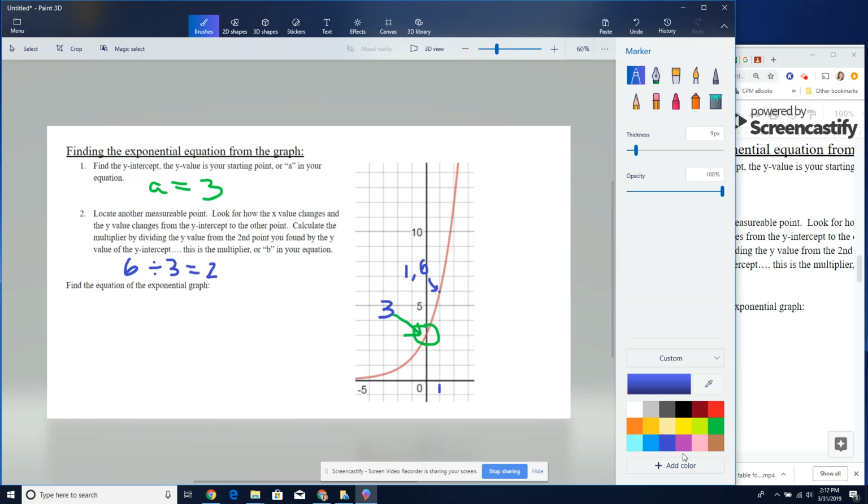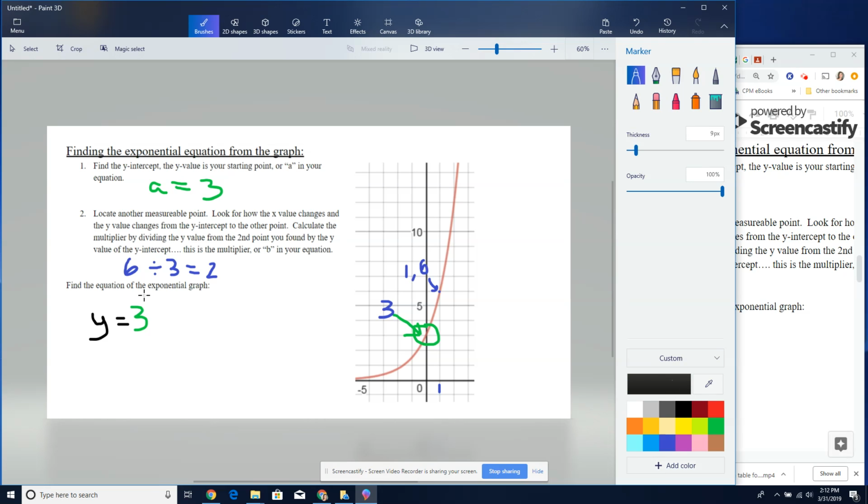So then we're going to put our equation together. So you're always going to start with your variables listed as variables. That means you don't put numbers in unless you're trying to calculate a specific point. So y equals, then you're going to use your a value, which is the 3. That's your y-intercept. That's the one you want to do first. And then you're going to do your multiplication.